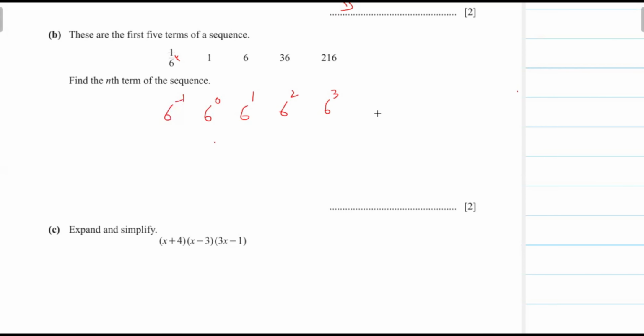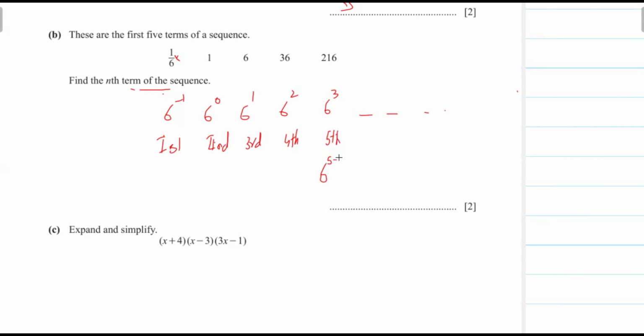We have to calculate the nth term of the sequence. The first term is 6 power minus 1, the second term is 6 power 0, the third term is 6 power 1, the fourth term is 6 power 2, and the fifth term is 6 power 3. We can write these terms by using the term position.